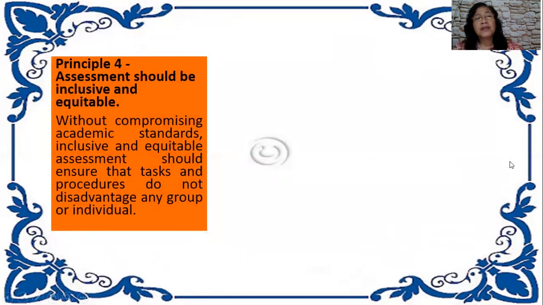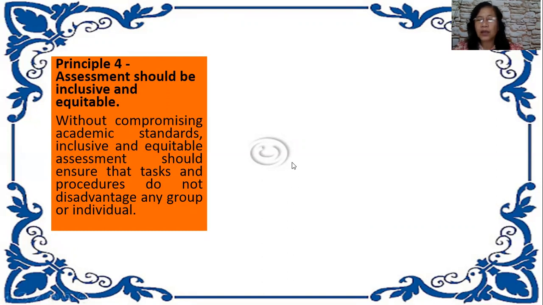Then the fourth principle, assessment should be inclusive and equitable. Without compromising academic standards, inclusive and equitable assessment should ensure that tasks and procedures do not disadvantage any group or individual. So inclusive, meaning anybody who is part of that particular assessment should not be deprived of taking the assessment.